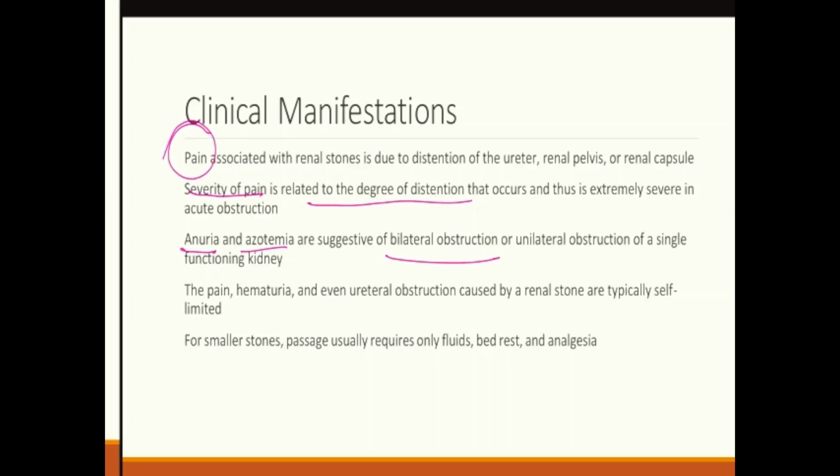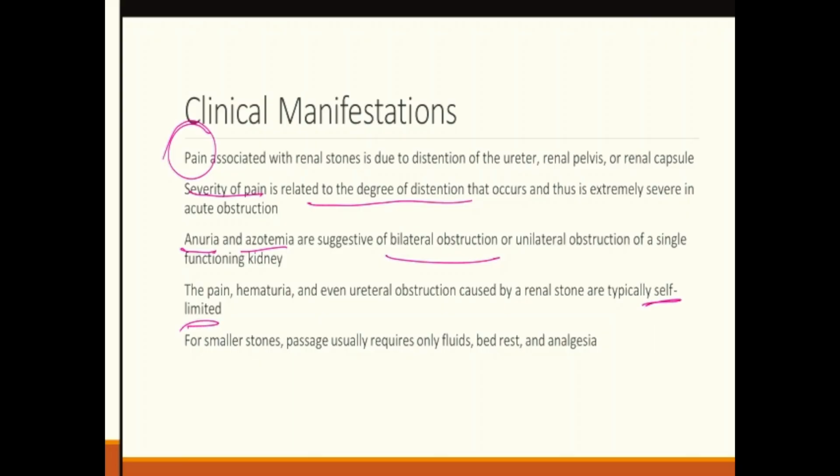Or if they have a single working kidney, the other one doesn't work, and you block the working kidney, that will cause a drop in urine formation as well. What if the block was in the urethra? Will that block urine formation? No. It won't block the urine formation, it just blocks the voiding of the urine, but you're still making urine. The other ones will cause different problems.